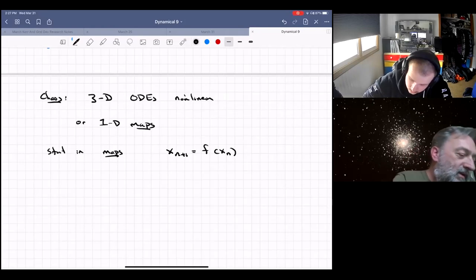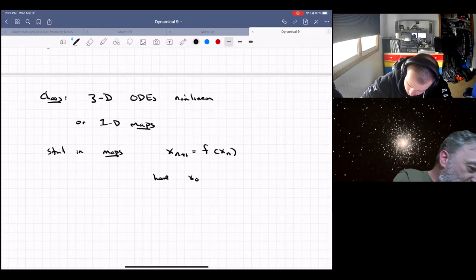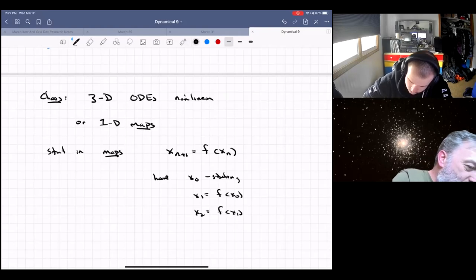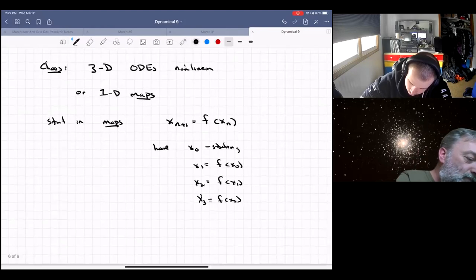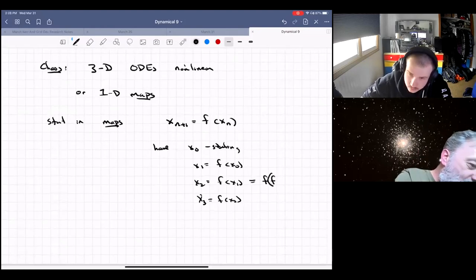So in other words, x0 is my starting point. And then x1 is going to be f of x0, and x2 is going to be f of x1, and x3 is going to be f of x2, etc. But now x2 is f of f of x0.